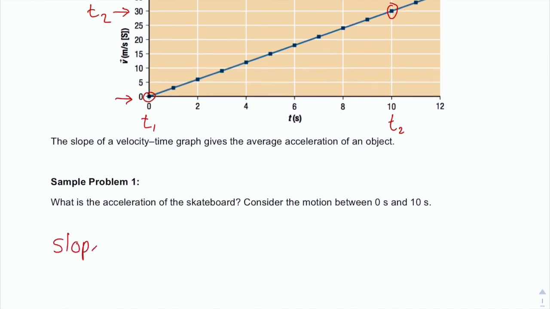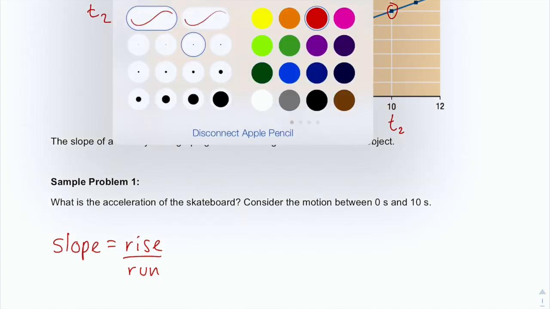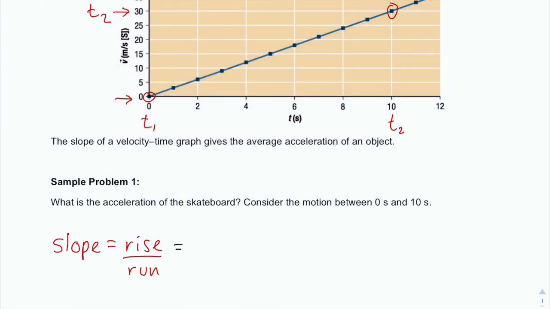Slope is equal to rise over run. In this case, the rise is the y-axis, which is v2 minus v1. And the run is the x-axis, t2 minus t1. We can sub in the values from above. v2 is 30 meters per second south.